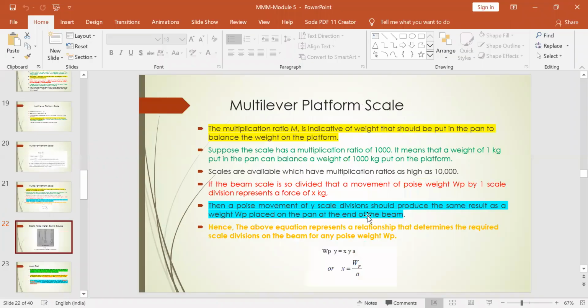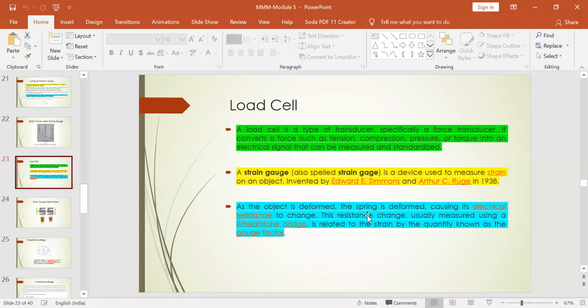So what do you mean by a load cell? A load cell is also a particular type of transducer. We have studied what you mean by a transducer, which will sense and convert that into the required output signal. It is specifically called a force transducer.